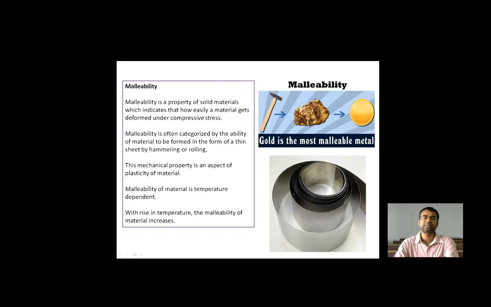So as you can see, this material is changing its shape from one strong roll to a thin sheet. And what is the use of this sheet? As you can see, there is lots of work done with this particular sheet.